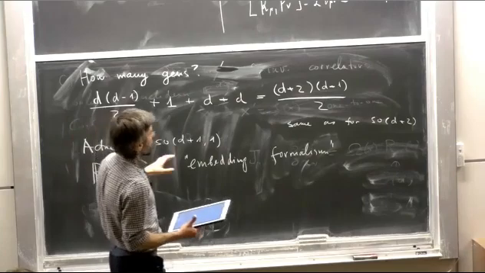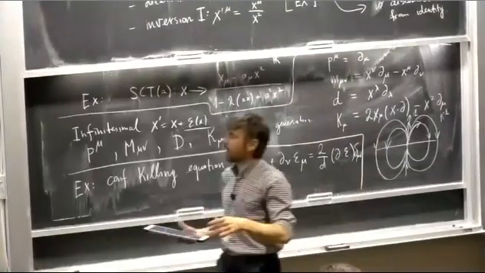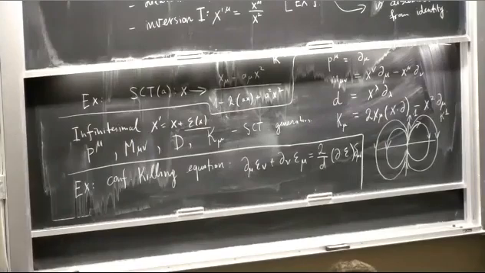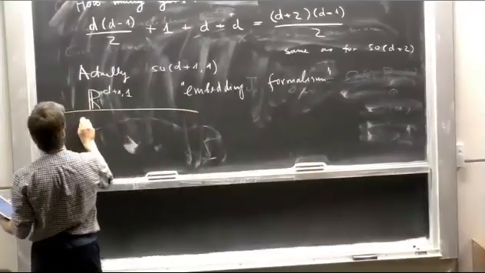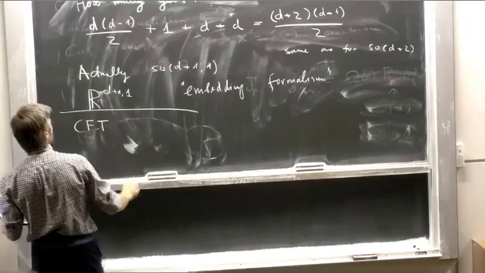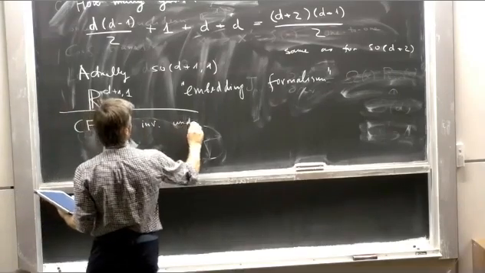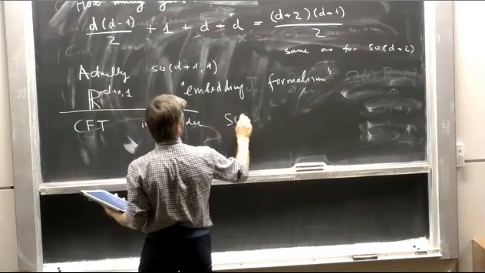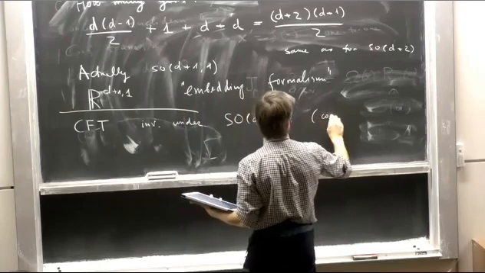Okay, so let me recap. We have the conformal group, and its connected component, and now I would like to make my definition of the CFT more precise. By CFT, we mean a theory which is invariant under SO(d+1,1), the connected component.